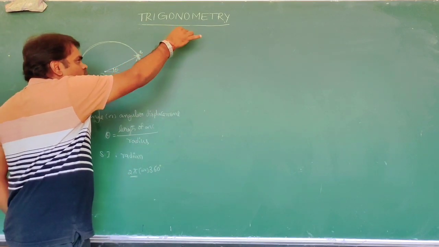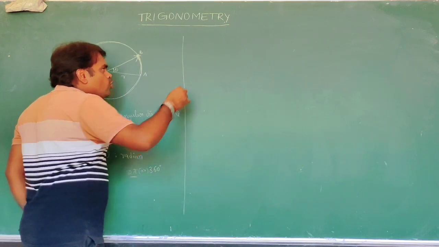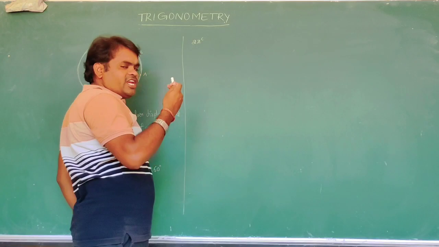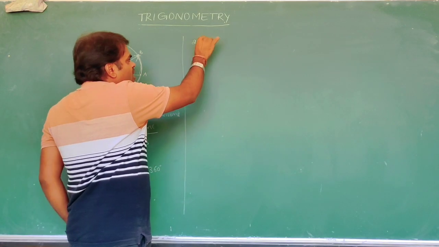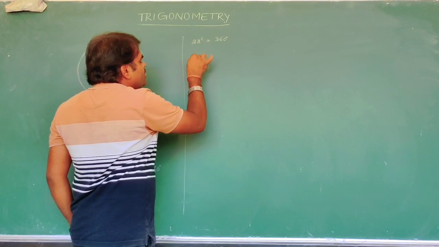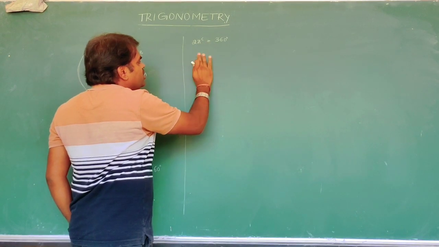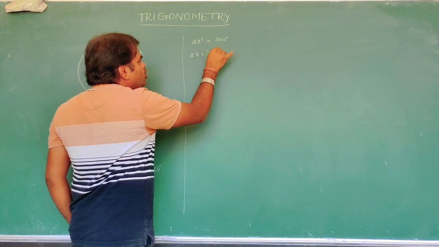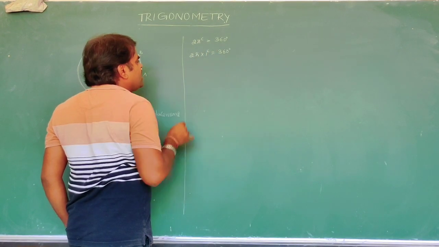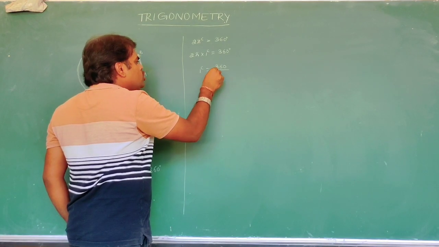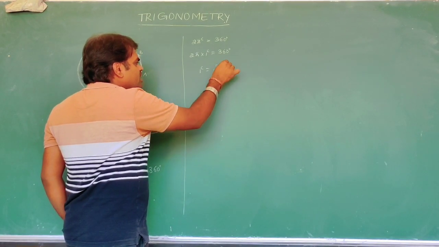We know that it is 2 pi radians. Radians is denoted like that. 2 pi radians is equal to 360 degrees. That is, 2 pi into 1 radian is equal to 360 degrees. 1 radian equals 360 by 2 pi degrees.